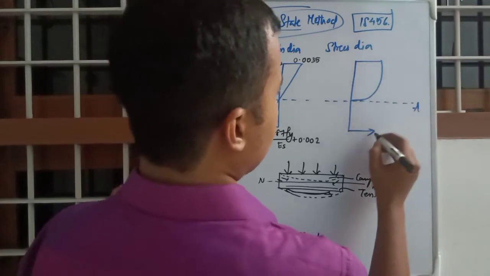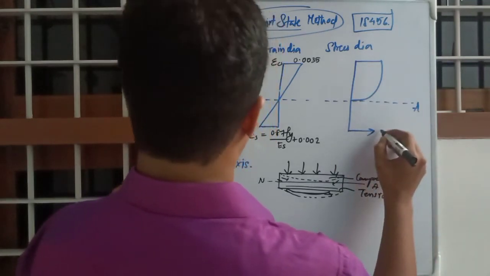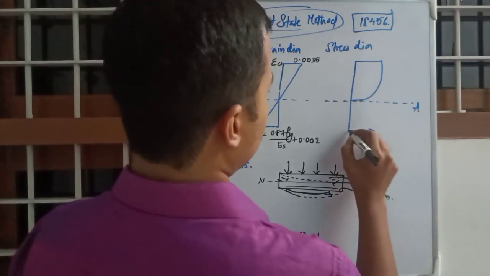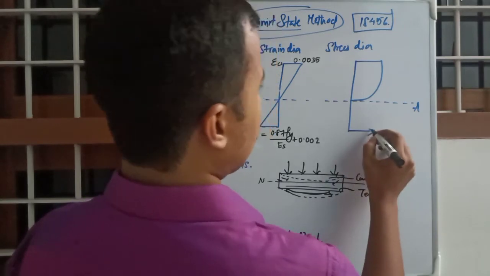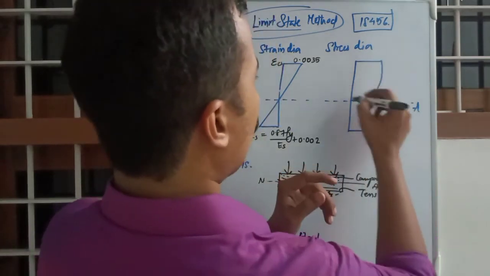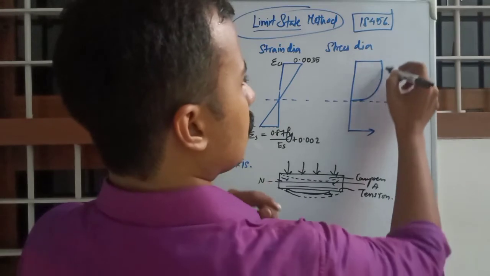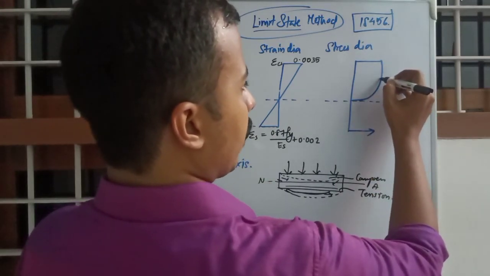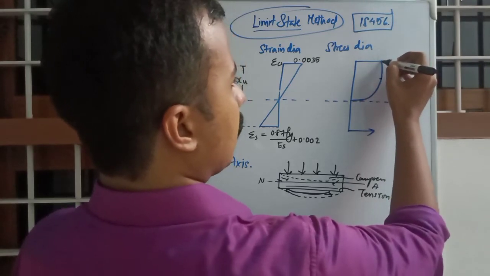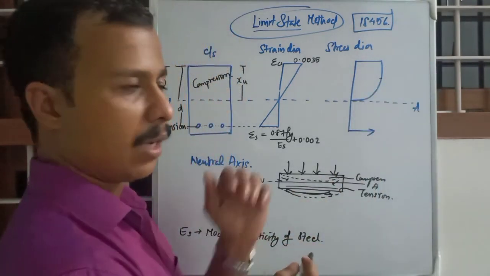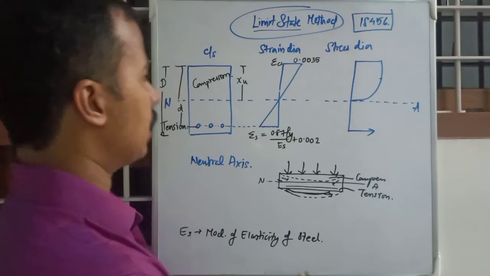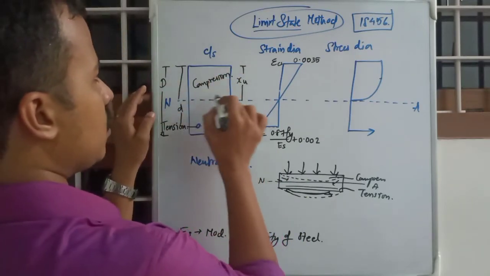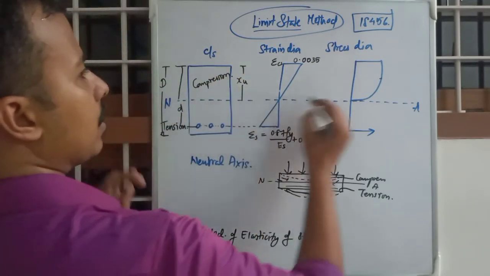And we assume that the tension is acting on this line and compression is acting on this whole area, like this. The stress diagram will be something like parabolic till some point and rectangular towards the top. Okay, so it will be acting on this whole area.